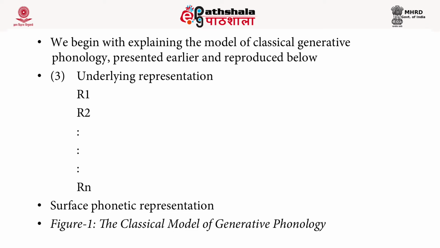So the basic thing that was kept in mind was the fact that the rules expressed a generalization. They were not ad hoc rules. And that was a great achievement.